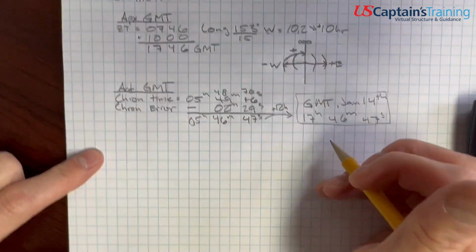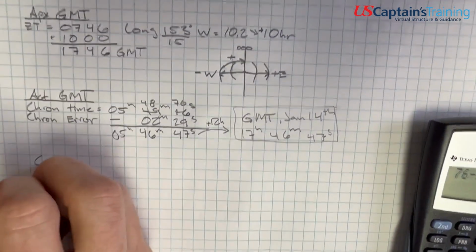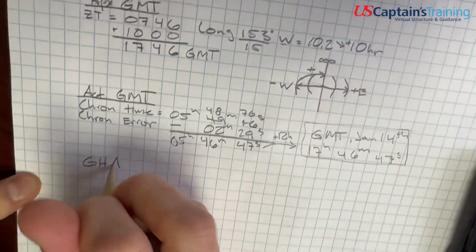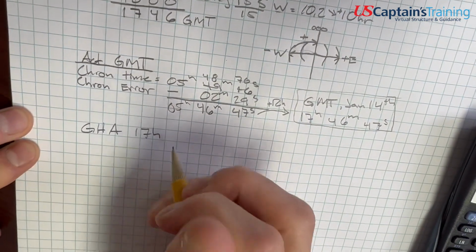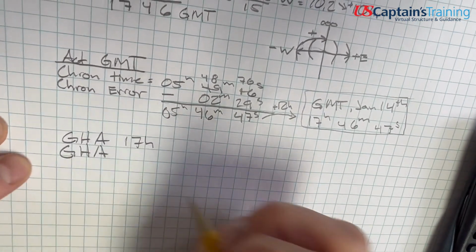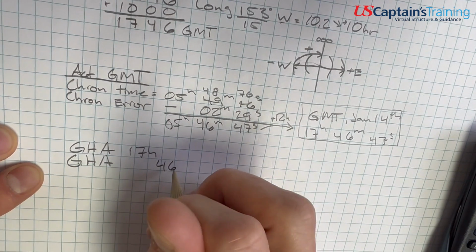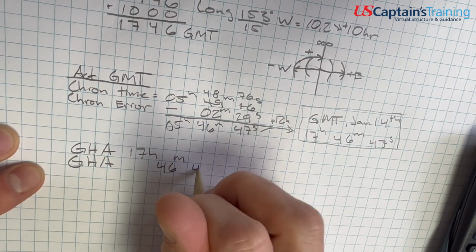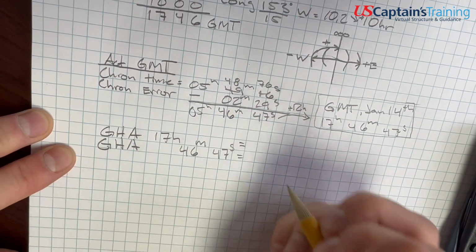Now with our GMT, we can get the Greenwich hour angle, or GHA. First we'll get the GHA of the hour, 17 hours. And then we'll get the GHA of the increments, which is 46 minutes, 47 seconds. We'll add these together.